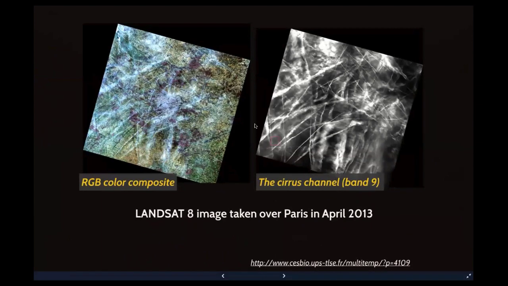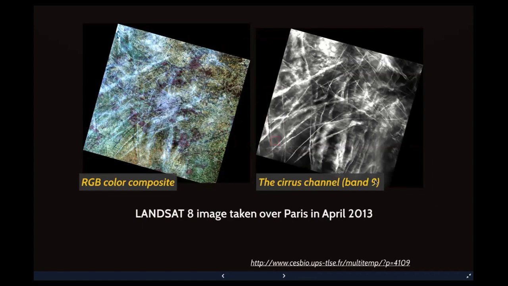This is an example from the Landsat 8 cirrus band taken over Paris. So that's the original image. If you're looking at the original true color image, it looks nice, but really there is not a lot of information possible, and that is only because of the cloud cover.